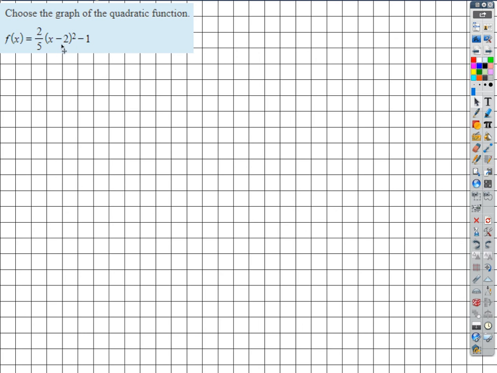So what's our parent graph going to look like? It's going to look like a parabola. Good. So the parent graph is just plain old y equals x squared.